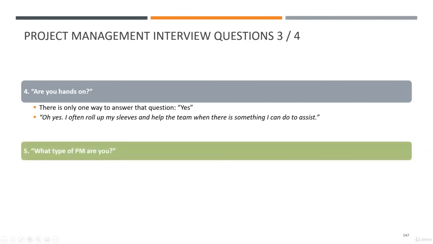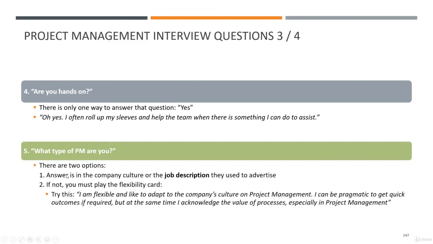Next one. What type of PM are you? For this one, it's a little bit the same as the previous ones. If you had the opportunity to have a look at the company culture or the job description, use this. So it's a bit like the interview question we saw before.